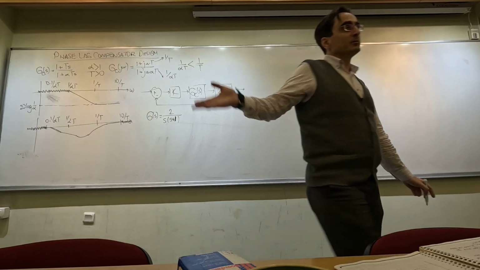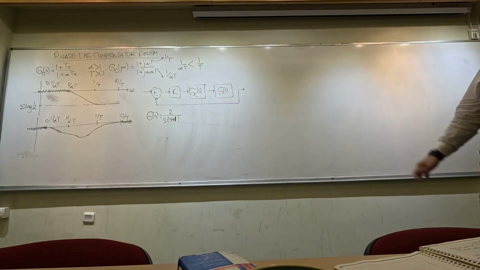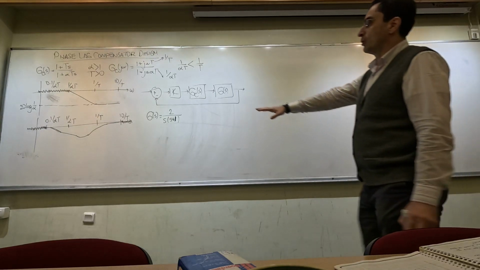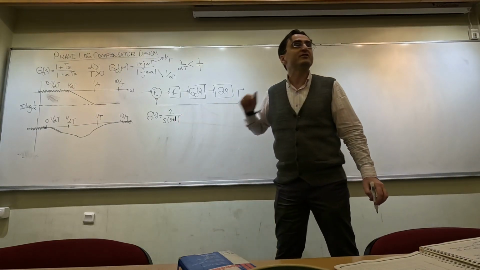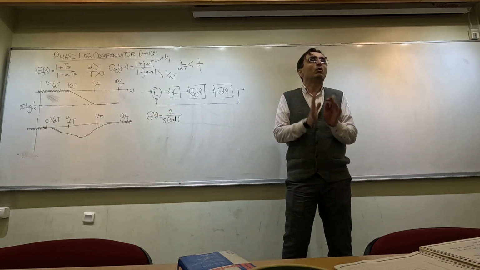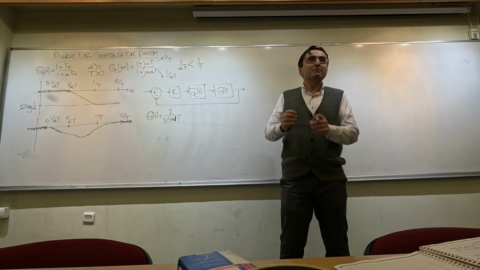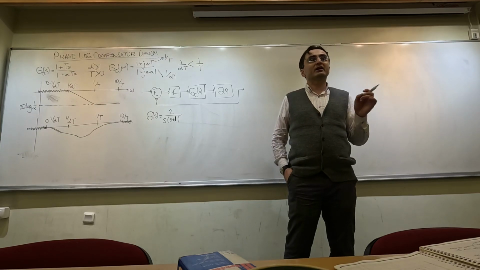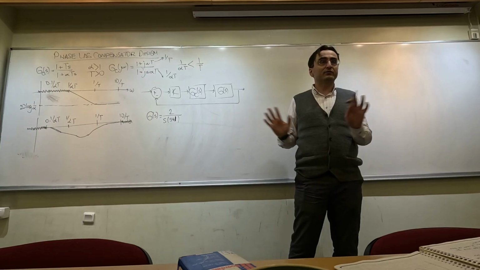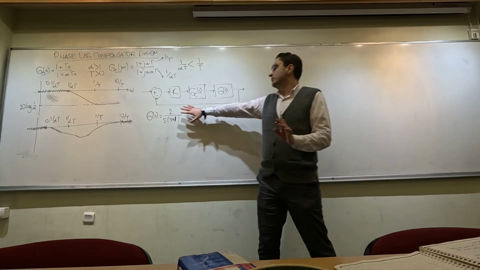G of S is going to be something whose transfer function we will know. We are considering the analytical design in this case. So the transfer function of G of S is given to us. When it is not given to us, we will get only the Bode plot of G of S, and based on that Bode plot, we can make a graphical design only, without extracting any transfer function from the Bode plot.